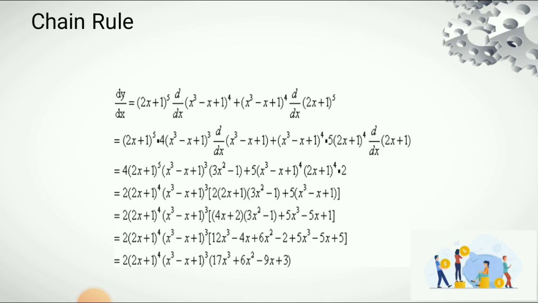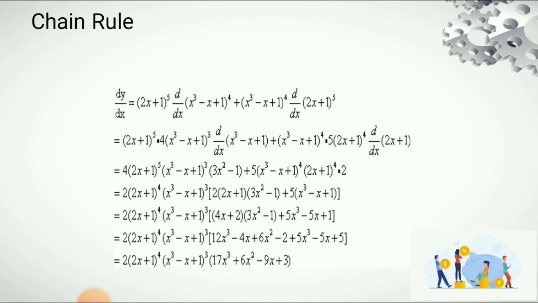So it's equal to 2 times 2x plus 1 raised to the power of 4 times x cubed minus x plus 1 raised to the power of 3 multiplied by 4x plus 2 times 3x squared minus 1 plus 5x cubed minus 5x plus 1.